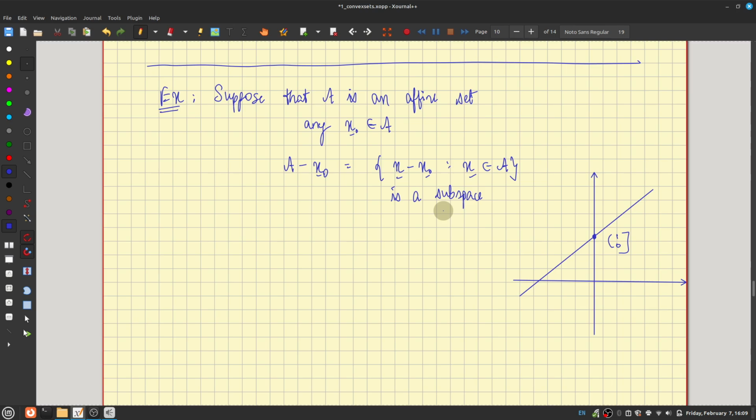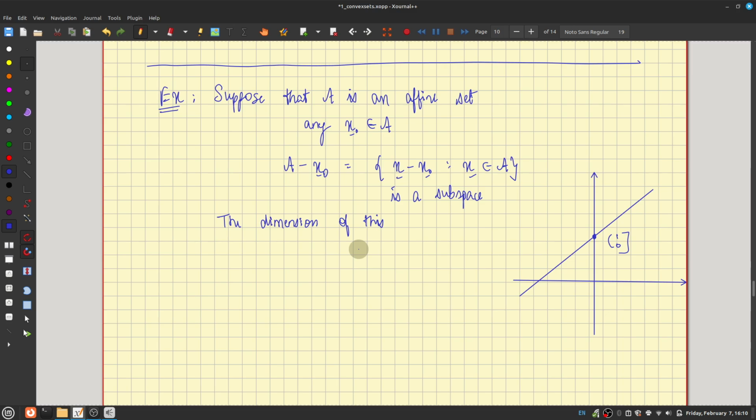Now the dimension of this particular subspace is well defined, and this is what we are going to consider the dimension of the affine set. It doesn't matter which x naught you pick.